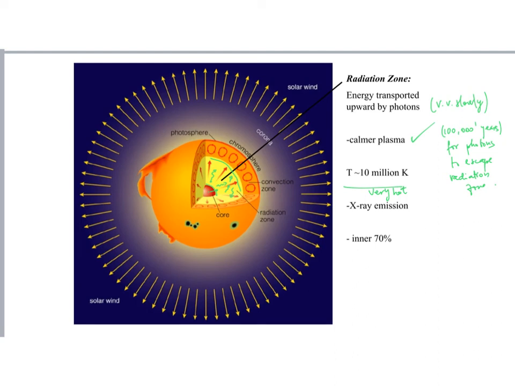They stay there. They keep their energy with them. And so again, we're talking about millions of Kelvin. Wien's law is going to tell us that that portion of the sun emits in the X-ray, and it's a pretty vast portion of the sun that accounts for that radiation zone. So it's basically the inner 70% of the sun.